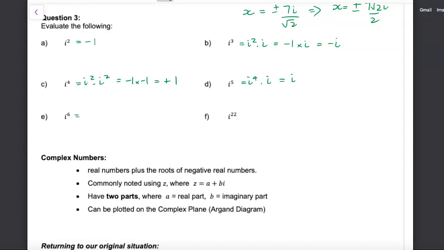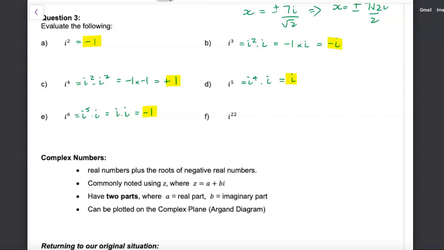And i to the 6 is just i to the 5 times i, which is i times i, which is -1.